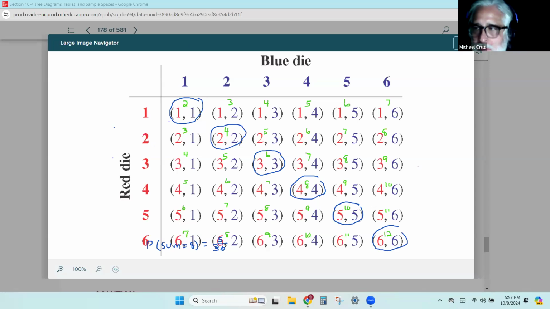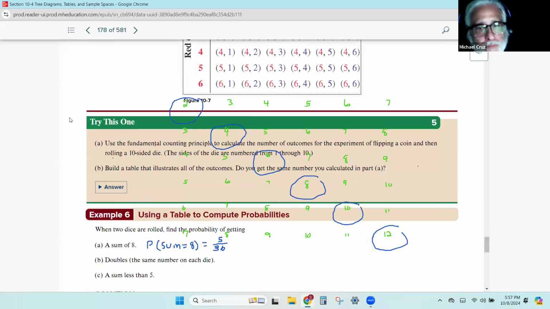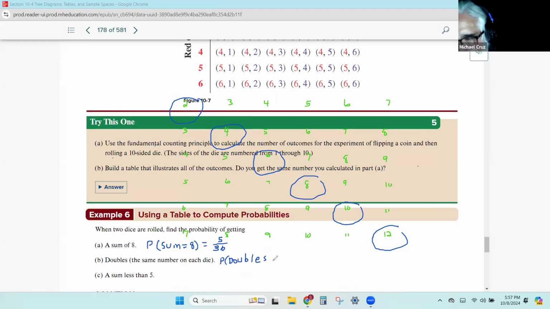So there's 6 of those. So there's 6 over a total of 36. And 6 goes into 36 6 times and into itself once. So 1/6 to roll doubles.